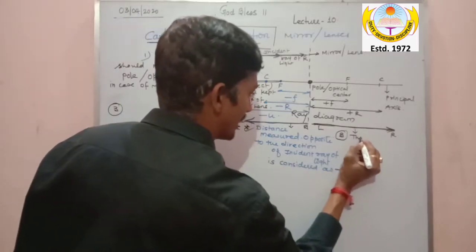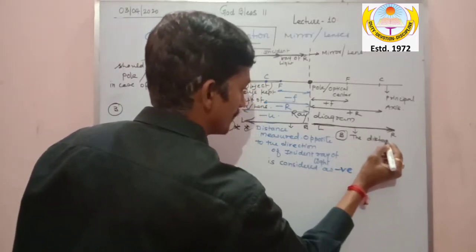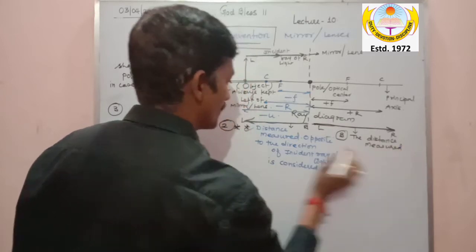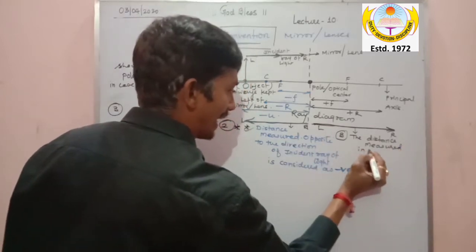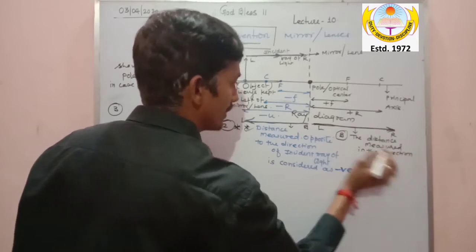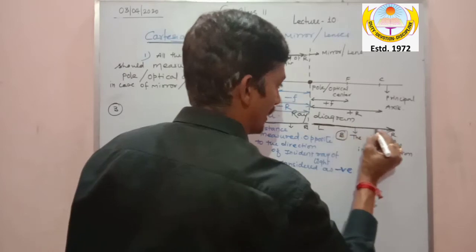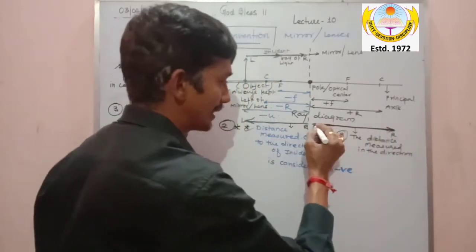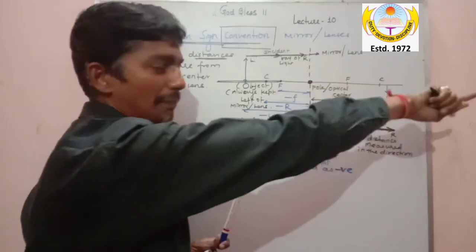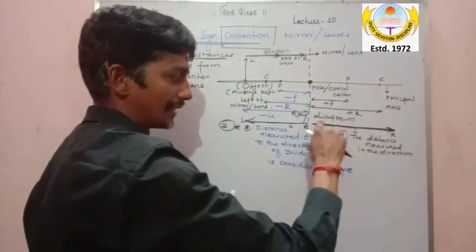The distance measured in the direction, this distance is measured, please look at it properly. This distance, if from the pole or optical center I measure the distance that way, this distance.